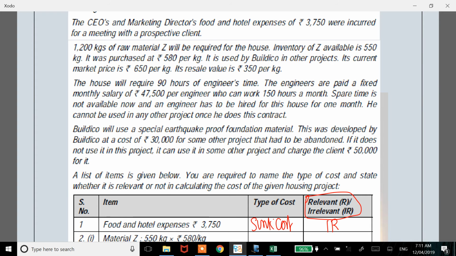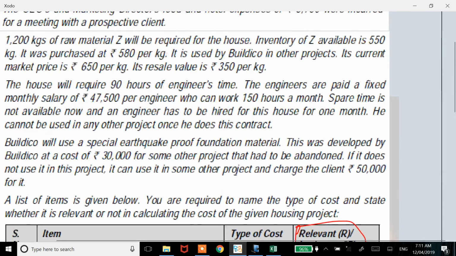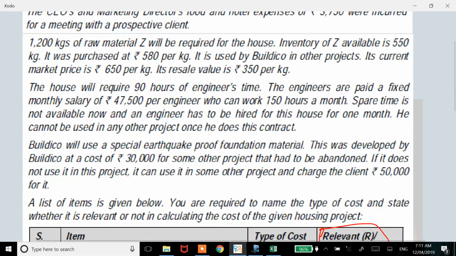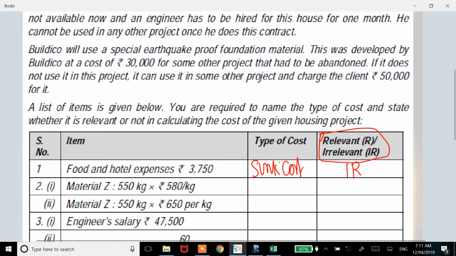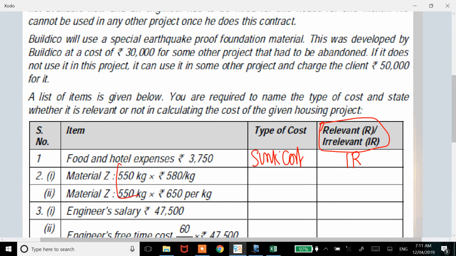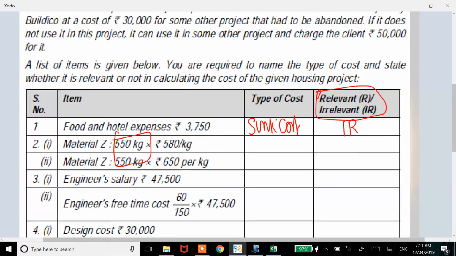First question, is material Z available or not available? Okay, they are analyzing only for the 550 kg part. The below table is just focusing on the 550.